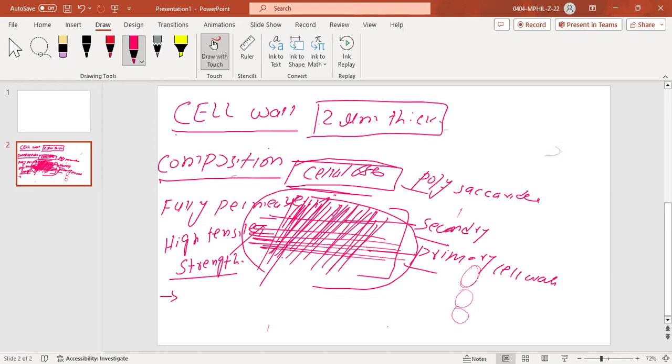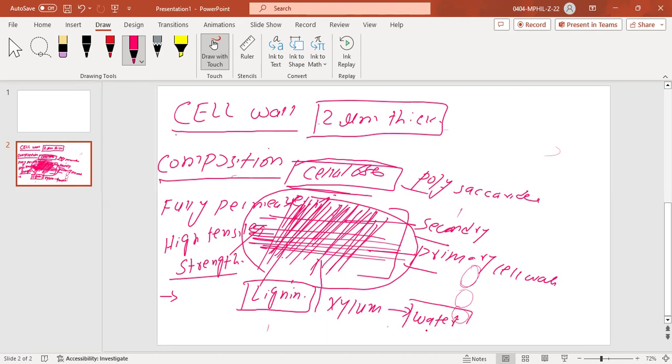And there are some cell walls in which another chemical may also be present, that is lignin. Lignin provides this cell wall more strength. It is not present in all types of cells, but it is present here in xylem. You know, xylem has to bear a lot of water pressure.